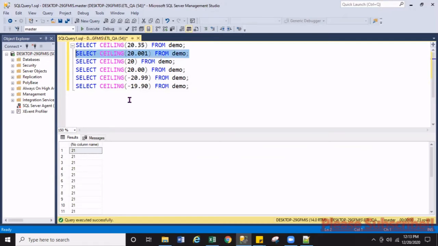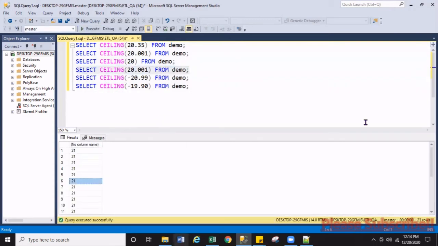So the ceiling function helps to convert any value after the decimal place into the next greater value. So if you see here 20, I put 0, it will make 20 because there is nothing after the decimal, but if I put here 1, it will make 21. See here.